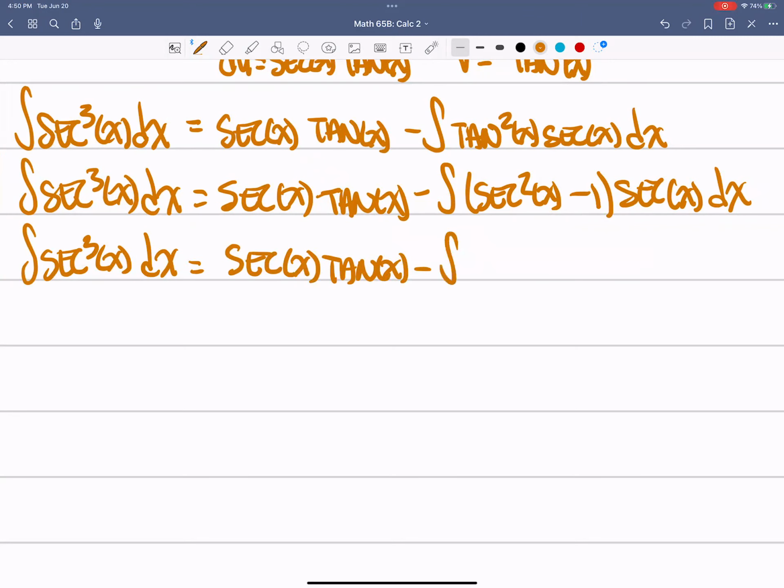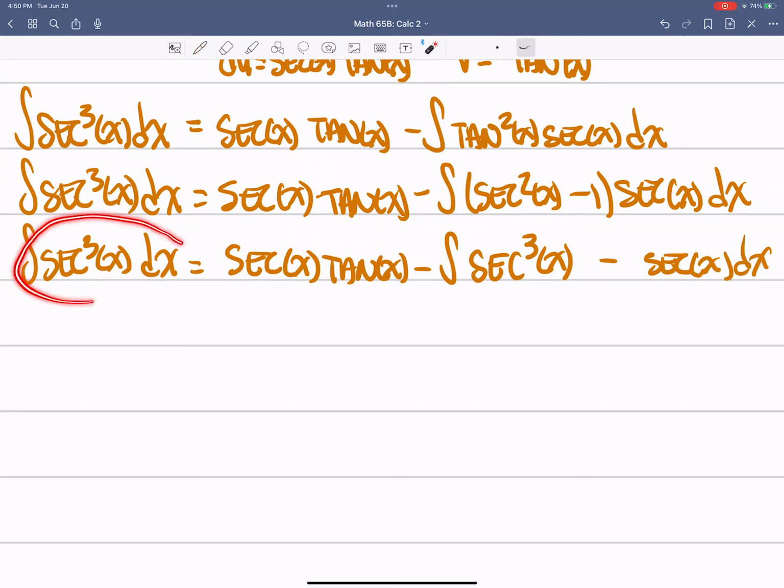We have the integral of secant cubed x minus secant x dx. Oh, and look at this. We have this right here and this over here too.